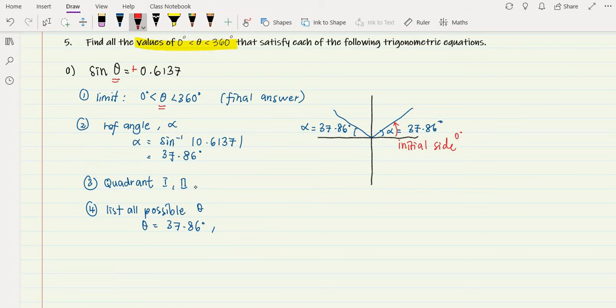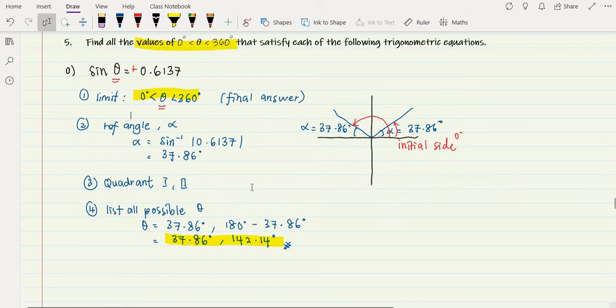For the second angle we still start at the initial side, moving to the second quadrant, and we have 180 degrees minus our alpha, which is 37.86 degrees. Calculating that, theta is equal to 142.14 degrees. That is our final solution, because both angles satisfy the given limit from 0 to 360 degrees.